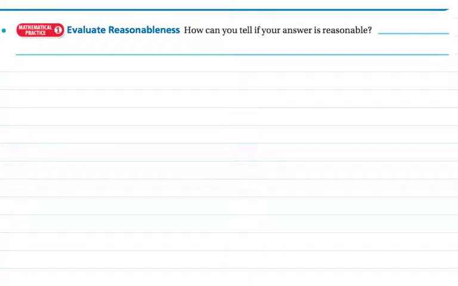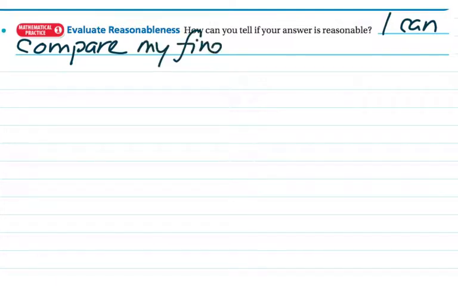Next, boys and girls, it's asking us a mathematical practice. Students, it says mathematical practice reasonableness. How can you tell if your answer is reasonable? So what I could say is that I can compare my final answer to my estimate.